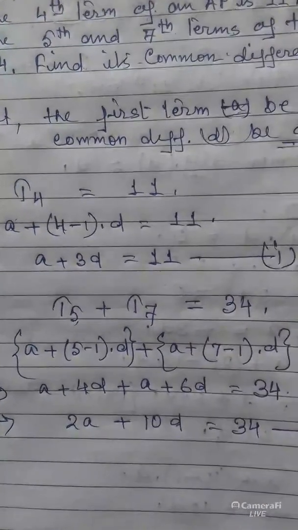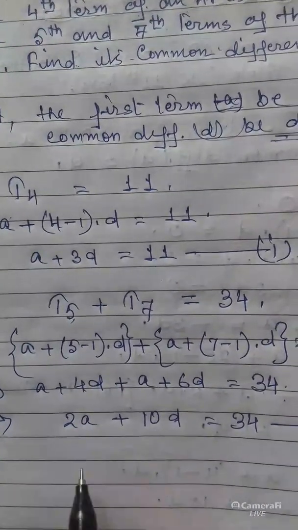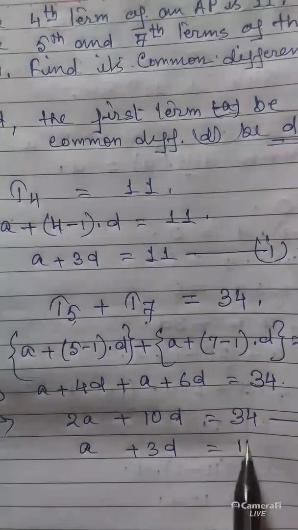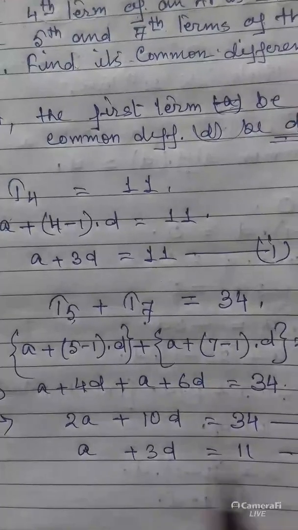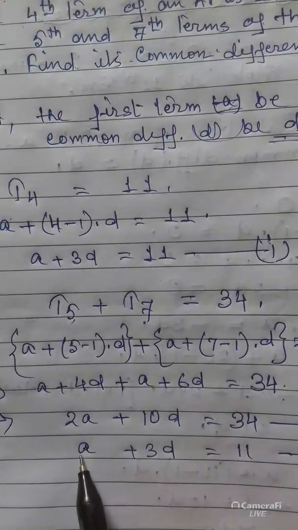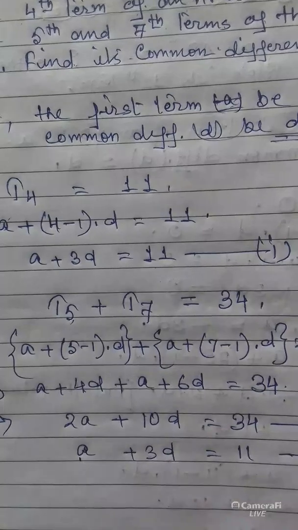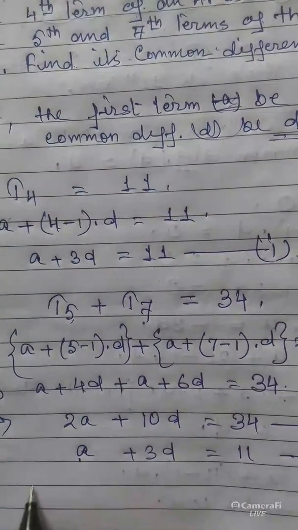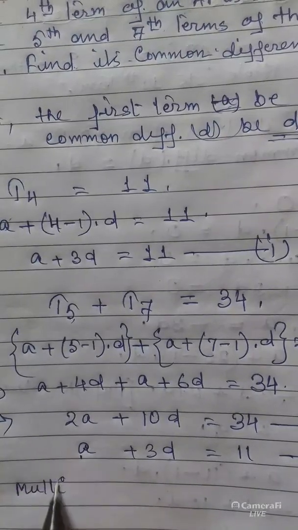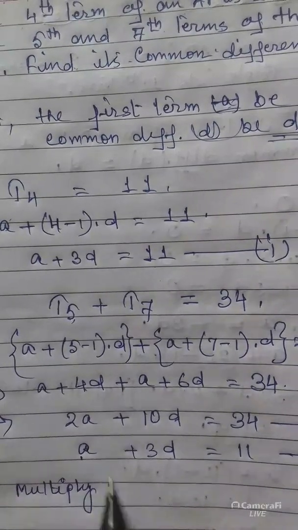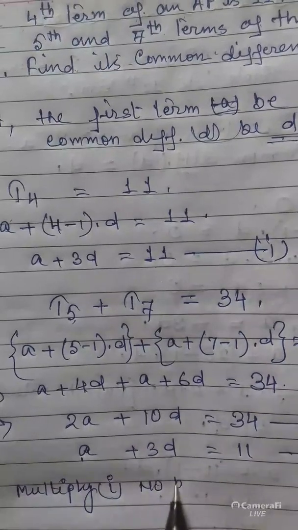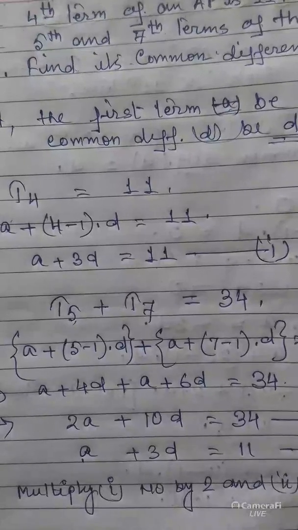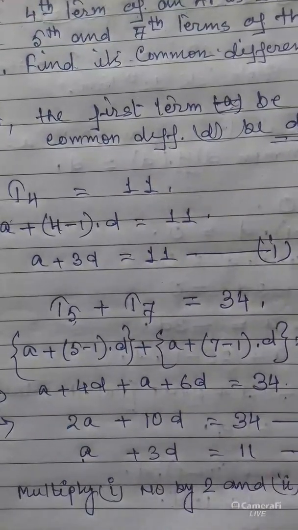Now we can solve equation 1 and equation 2. Equation 1 is A plus 3D equals 11. Now if we eliminate A, we have to multiply equation 1 by 2 and equation 2 by 1.